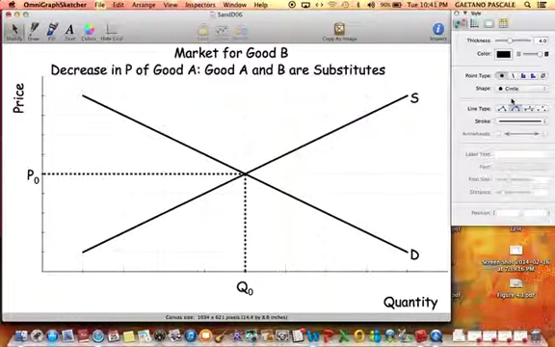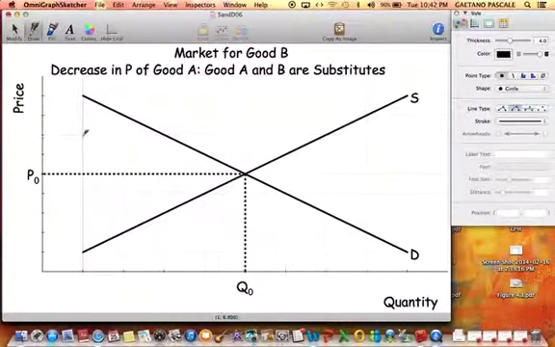Since A and B are substitutes for one another, good A is less expensive relative to good B. We would expect people to substitute away from good B and buy more of good A. Therefore, the demand curve for good B will shift to the left.